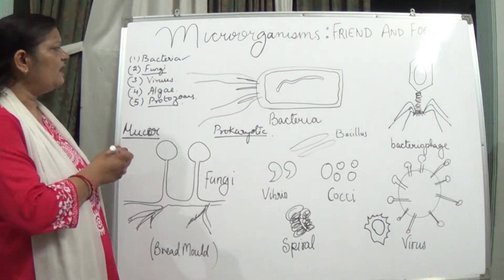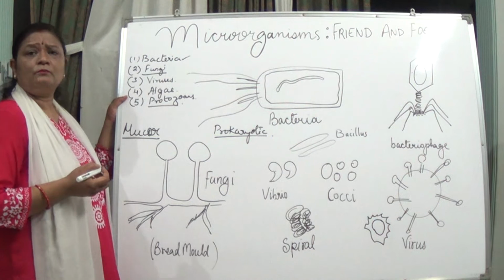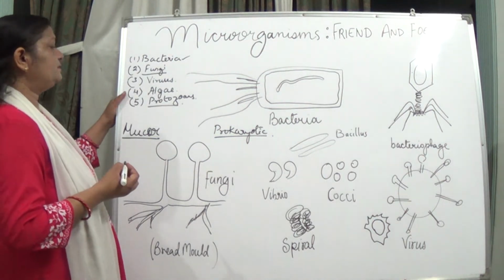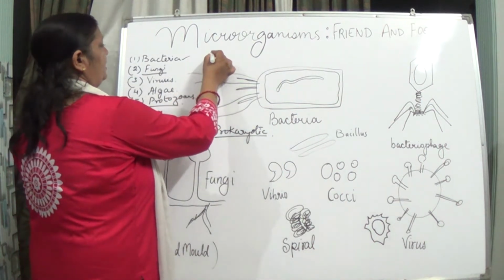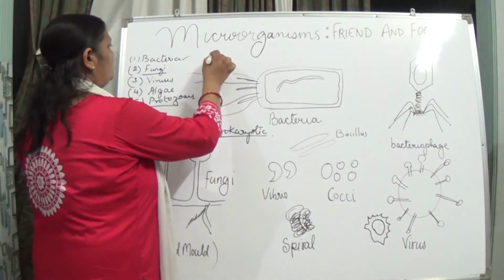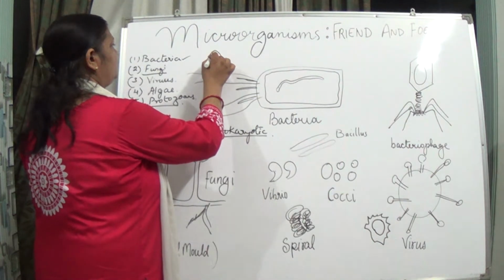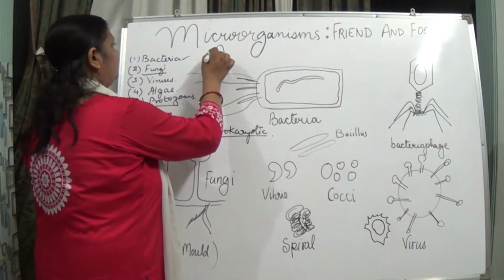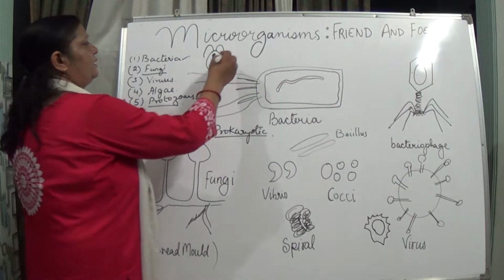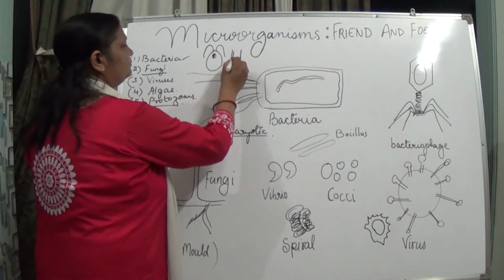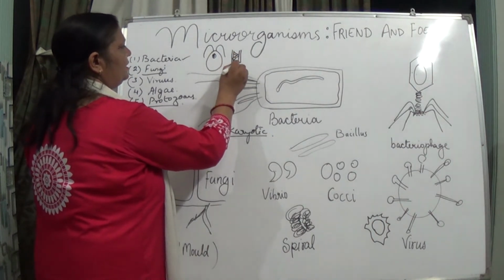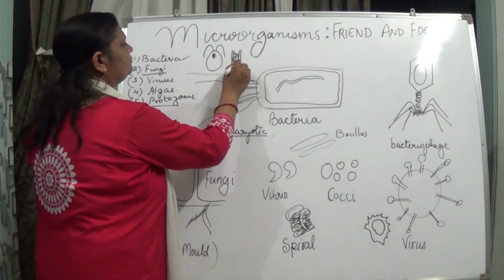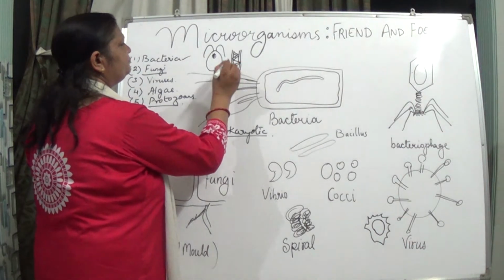Coming to algae. When we talk about algae, there are a number of algae, Spirogyra, Chlamydomonas. Spirogyra, spiral shaped, consisting of a nucleus also.